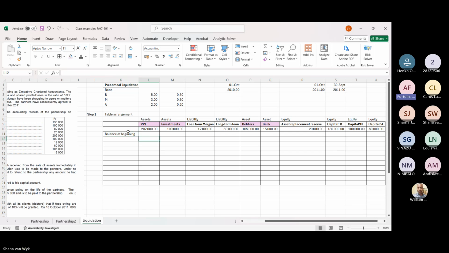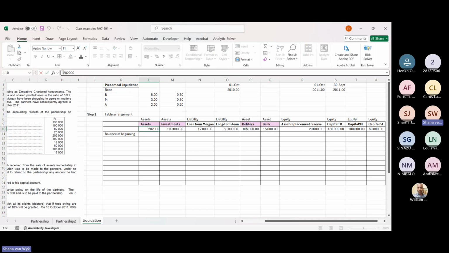Then you put the 202 plus the 100 plus the 105,000 in column L, the assets. I see what you mean.